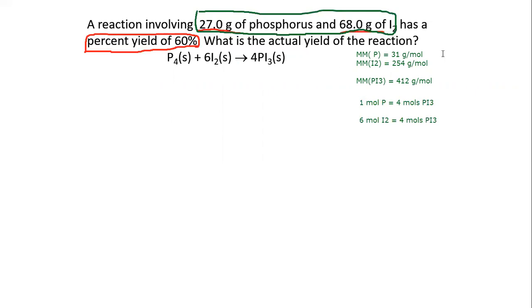So now we have our molar masses and our mole ratios, or equalities, that we need. Now we're ready to determine which one is the limiting reactant. We're going to do 2 sets of calculations because it gave us the mass of both reactants.